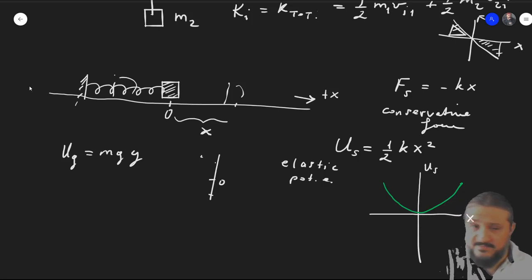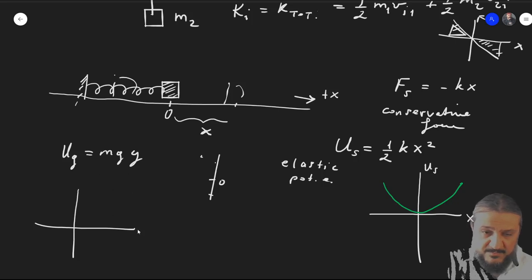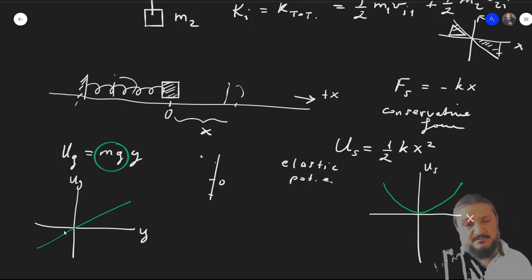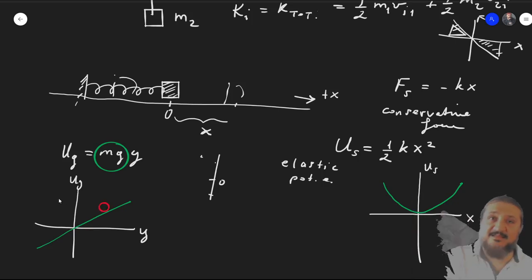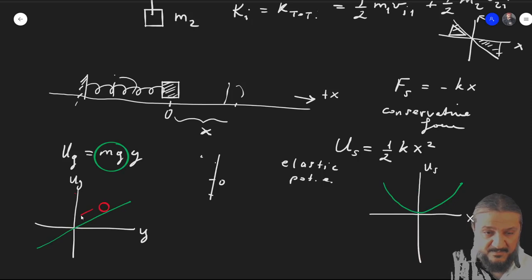But the gravitational potential energy, if you plot UG as a function of y, it's something like this. The slope is mg, of course. So it could be negative, obviously. Now, why did I draw these pictures? Visually, it'll tell you something. If you put a marble or a ball here, what will happen? It's going to slide down.